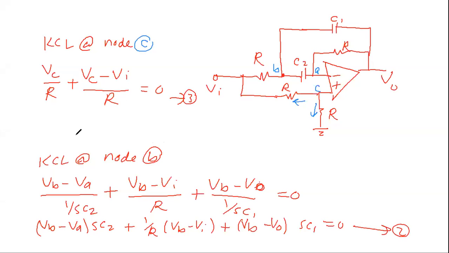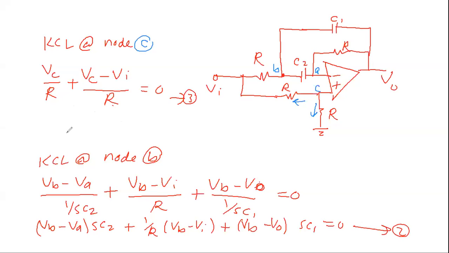So we need another equation to get rid of these variables. We need to mix equation 1 that was here and I deleted, equation 2, equation 3, to come up with one equation that links V input and V output only. We have to get rid of VC, VB, VA, and so on, and we just keep V input and V output.